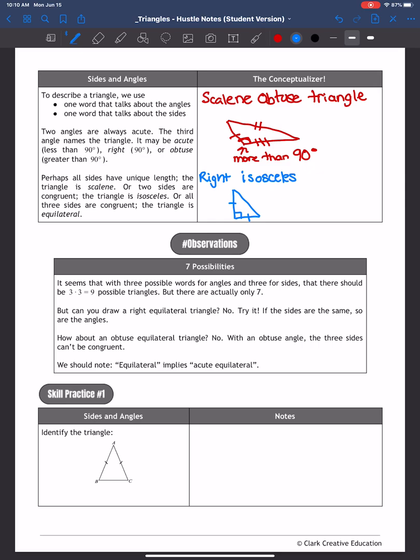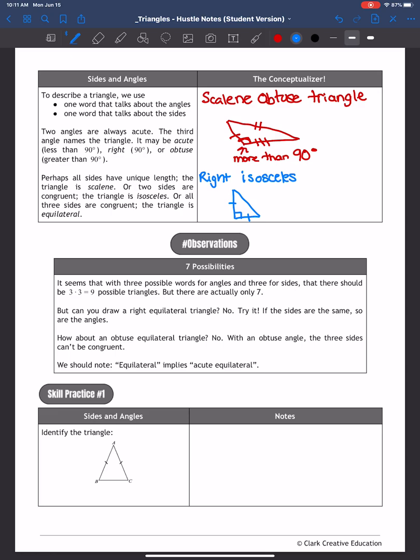So it seems that with 3 possible words for angle and 3 for sides, there should be 9 possible triangles, but there are actually only 7. Can you draw a right equilateral triangle? No. Try it. If the sides are the same, so are the angles. How about an obtuse equilateral triangle? No. With an obtuse angle, the 3 sides cannot be congruent.